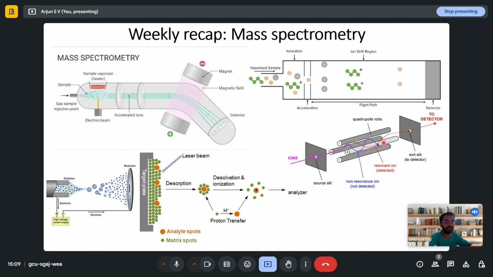So this helps in more efficient detection of your proteins of interest.